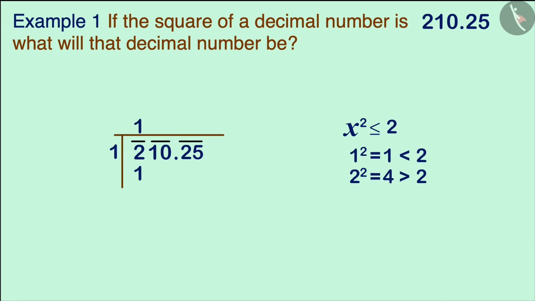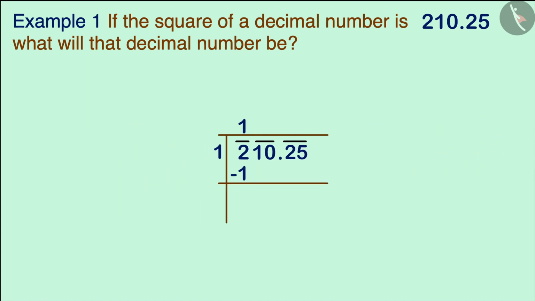Assuming 1 as the divisor and the number below the leftmost bar as a dividend, we will subtract the square of the number 1 and find the remainder. The remainder obtained here is also 1. Now, we will write the number under the next bar with the remainder. This will make the new number 110.